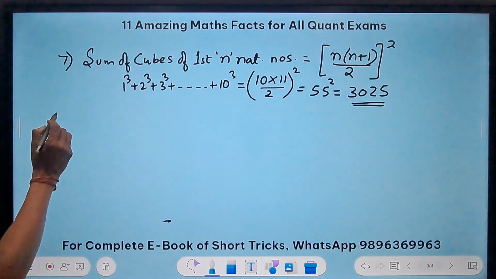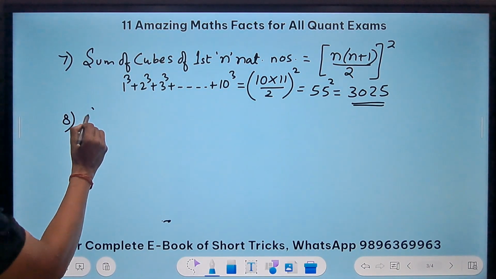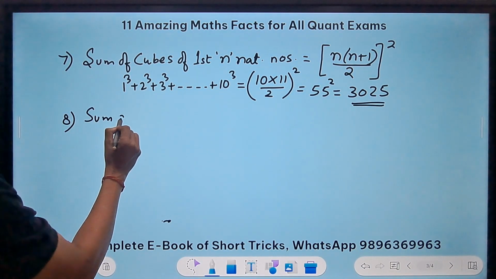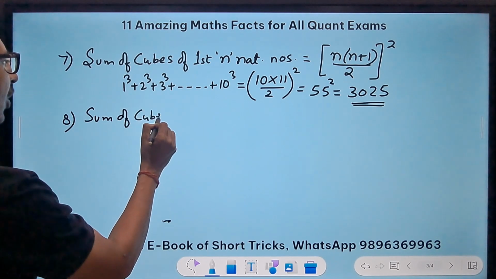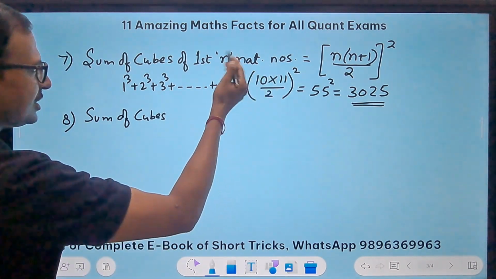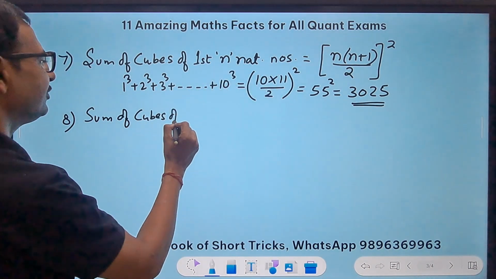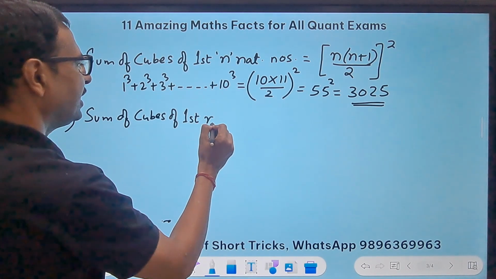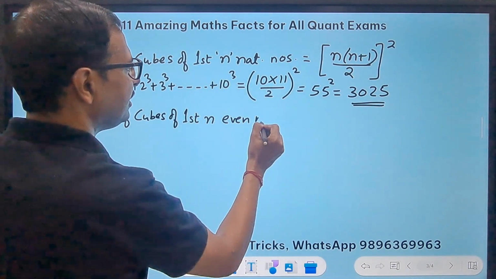Okay, right, so the 8th one. Now I want to find the sum of cubes of, now obviously I have to split these natural numbers into even and odd. Sum of cubes of first n even natural numbers.